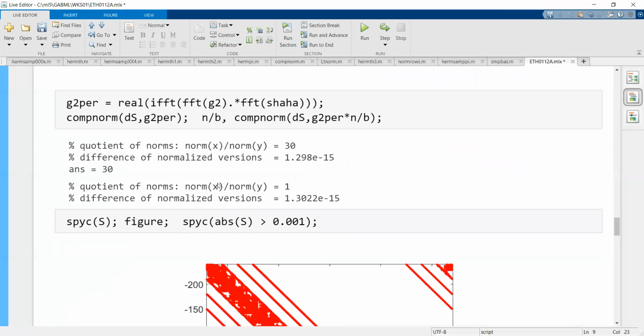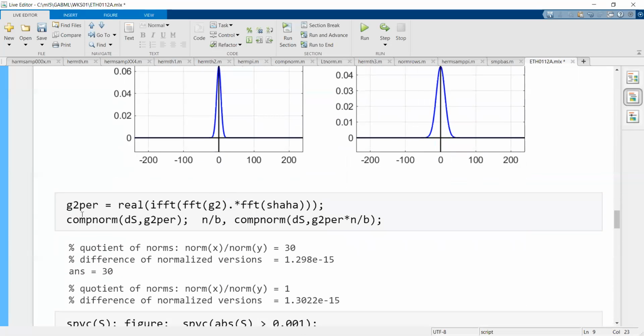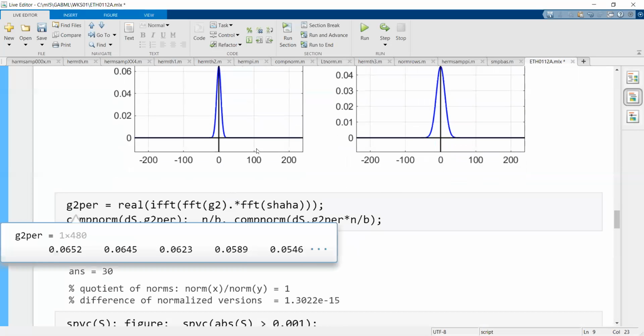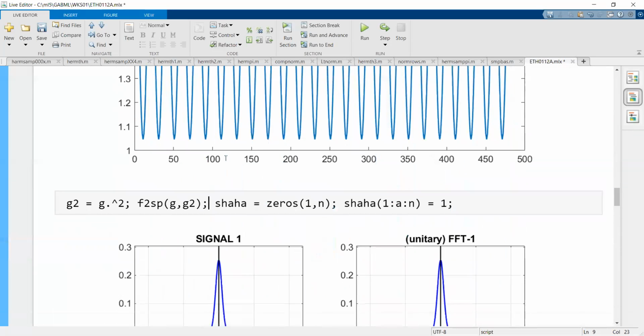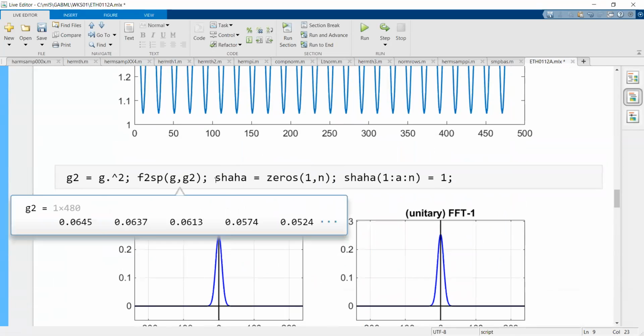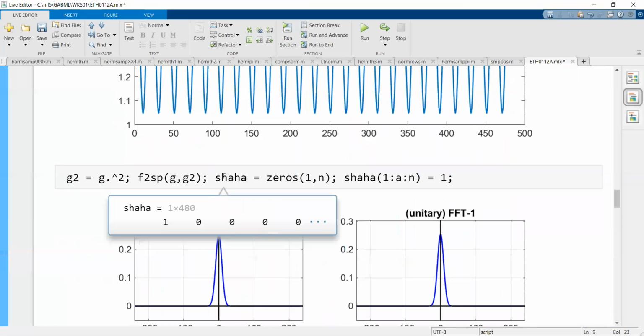Okay, now the point is that I'm doing a periodic version. Sorry, maybe I go back to this command here. So how do I periodize? Periodization is a convolution with the Dirac comb. I call it SHAH, the Dirac comb, and A is our lattice. That's why I'm using this name.